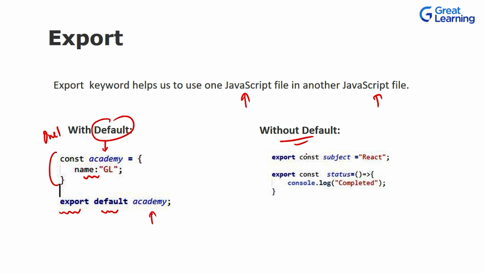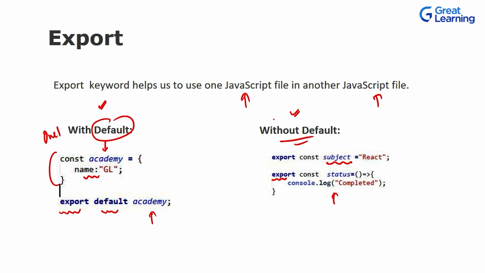Similarly, we can export another object that is over here. And we can also export functions, right? We have this function over here, which is an arrow function just printing out the message completed. So we use the export keyword. This is with default and this is without default.